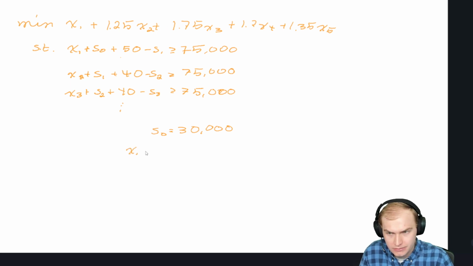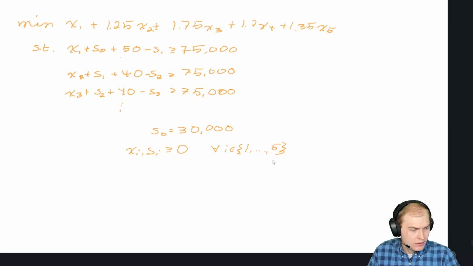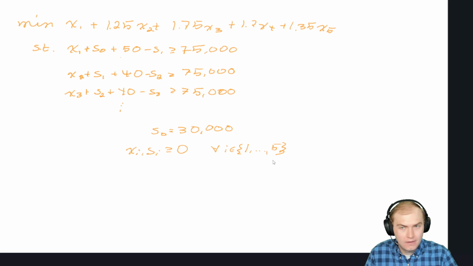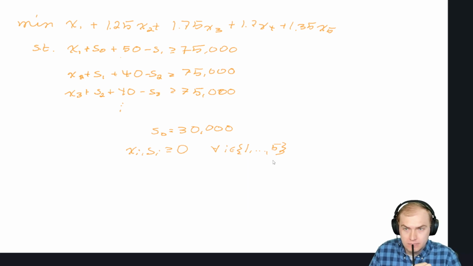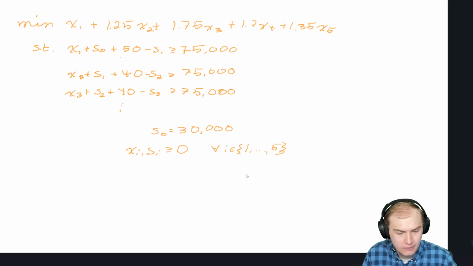Also xi and si greater than or equal to 0 for all i in 1 to 5. So that's the whole model there, where there's a few more constraints that I didn't explicitly list out, but carbon copies of the ones above.